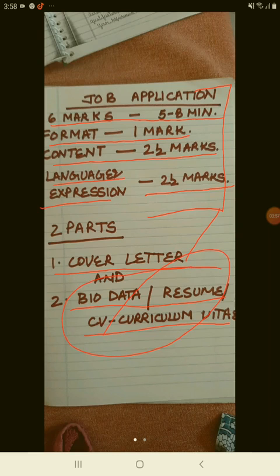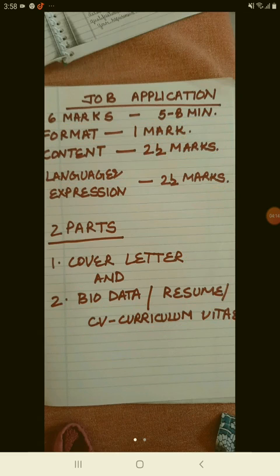So make sure that when you attempt this question, you understand that you will have enough time to write, but at the same time your writing speed should be good. You should be able to finish in time. So make sure all that is done within the time frame.